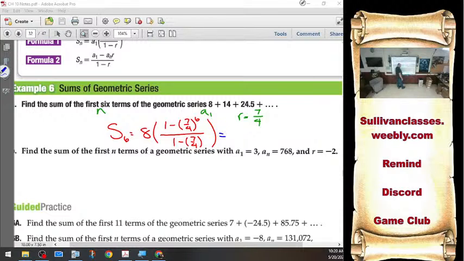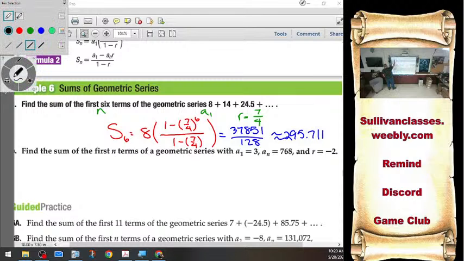What do we got? 3785 over something, which is about 295.0.711. Okay. So I'm given the information, I find the formula, I plug the things in.